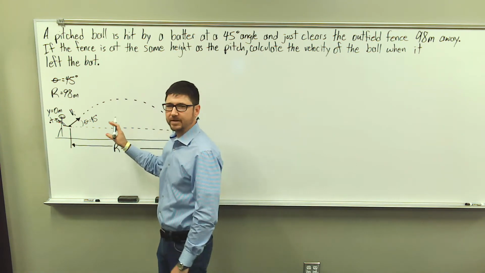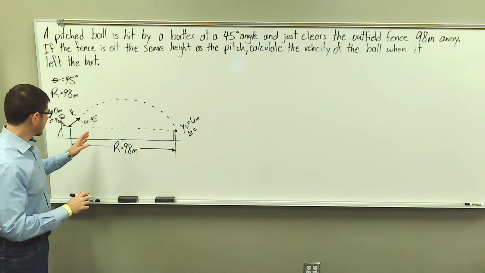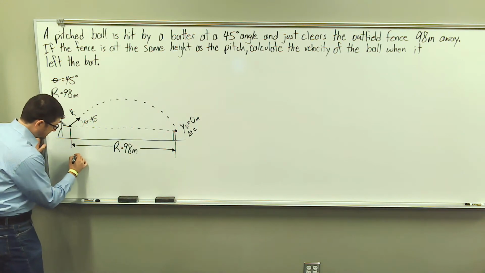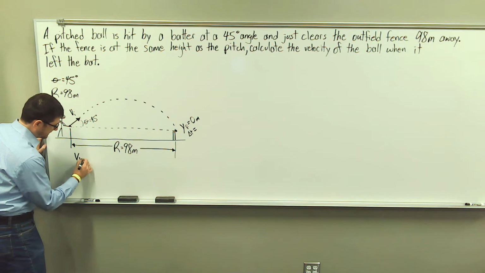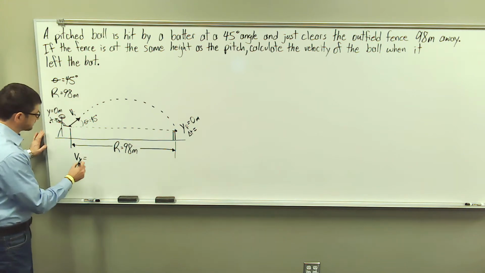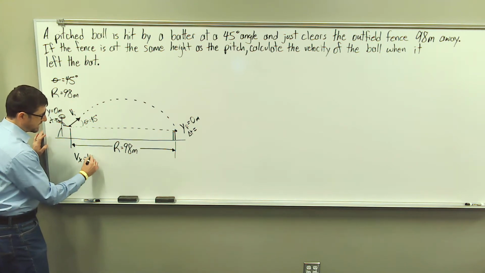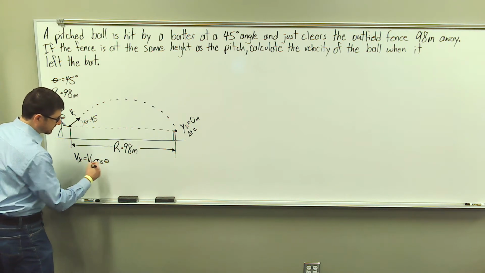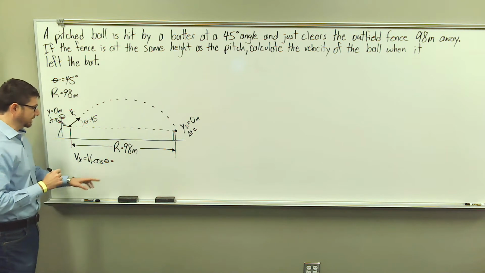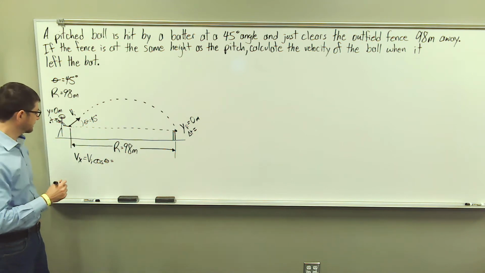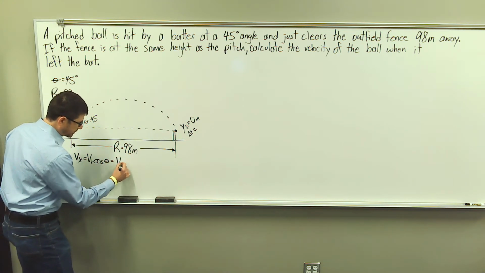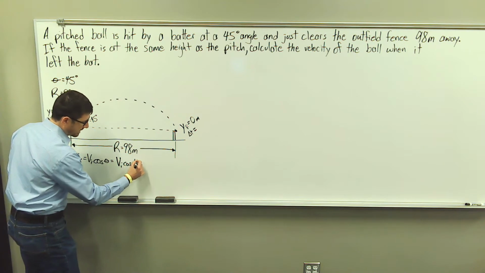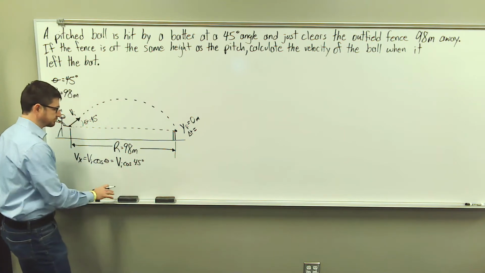So let's talk about vector resolution. We know that the velocity in the x direction is equal to the initial velocity times cosine of the angle theta. Well, we know the angle theta is 45 degrees, so we have initial velocity times cosine of 45 degrees.